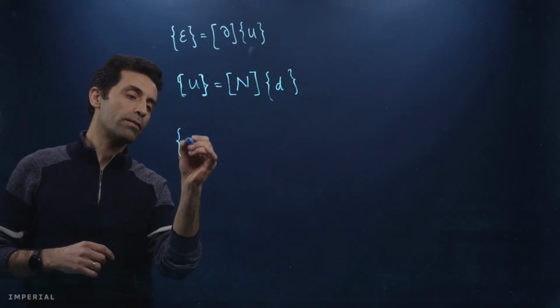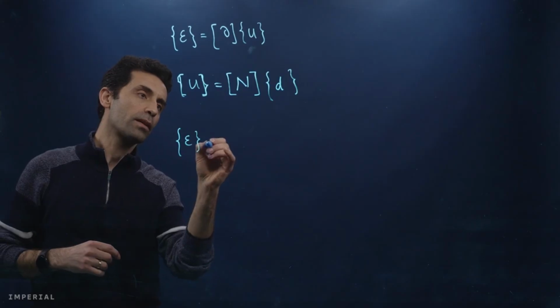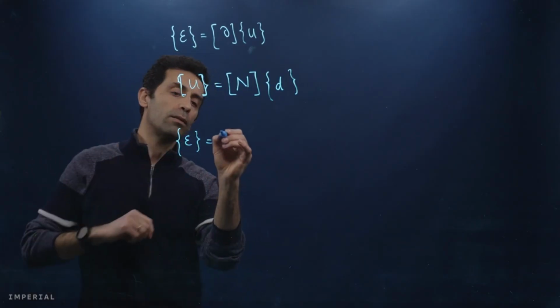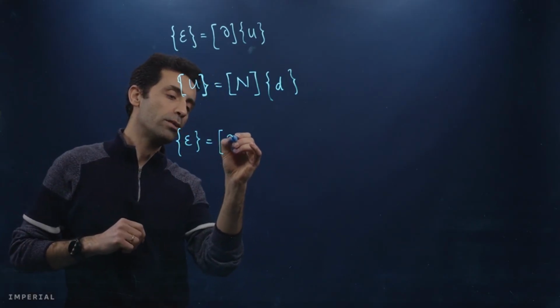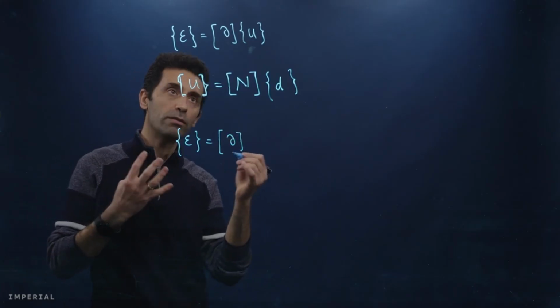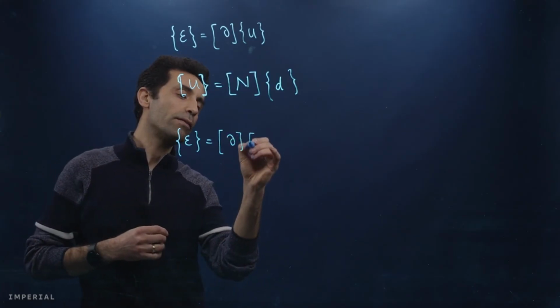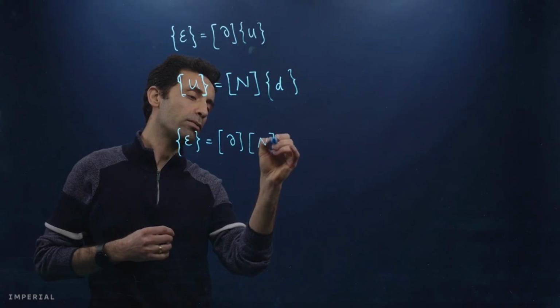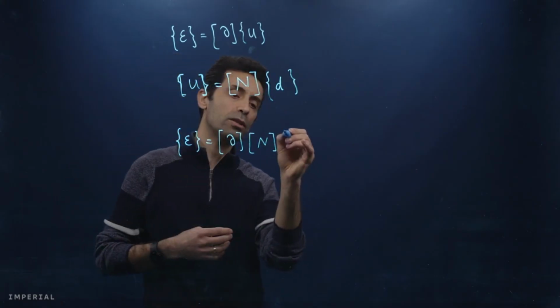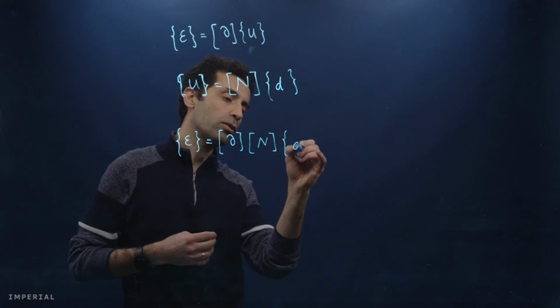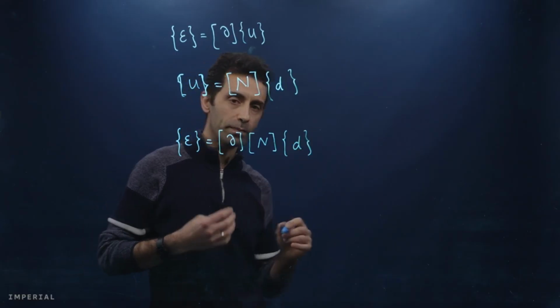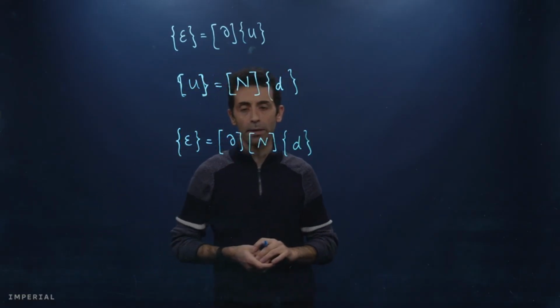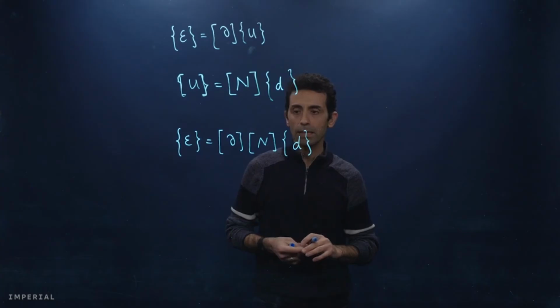So we will have then epsilon equals, there will be this matrix that includes all the derivatives, and then we have n. So this is a matrix that includes all our shape functions, and here we have the vector of nodal displacements. Okay, well, it sounds good.